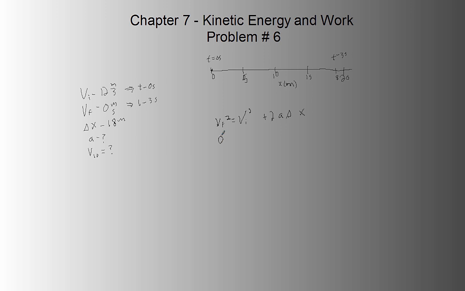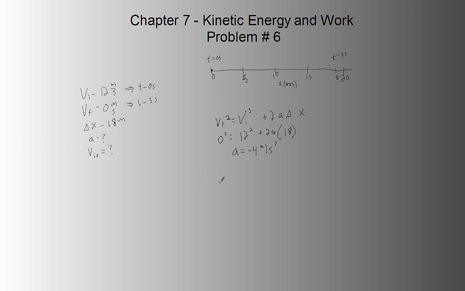This is 0 squared equals 12 squared plus 2a times 18. Solve and you get a equals -4, which makes sense because we're moving in the positive direction, yet slowing down. So acceleration must be negative in order to slow down. Meters per second squared. That's the a.